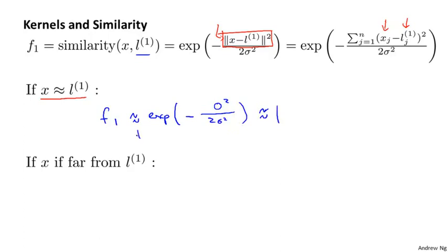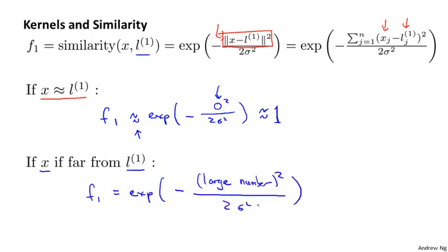I put the approximation symbol here because the distance may not be exactly 0, but if x is close to the landmark, this term will be close to 0, and so f1 will be close to 1. Conversely, if x is far from L1, then this first feature f1 will be e to the minus of some large number squared divided by 2 sigma squared, and e to the minus of a large number is going to be close to 0.